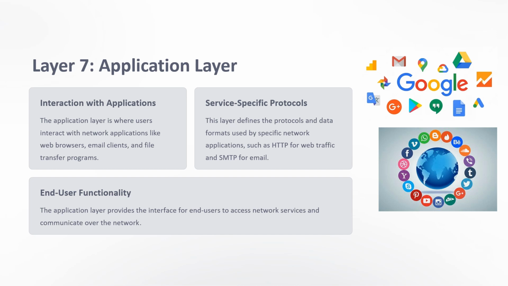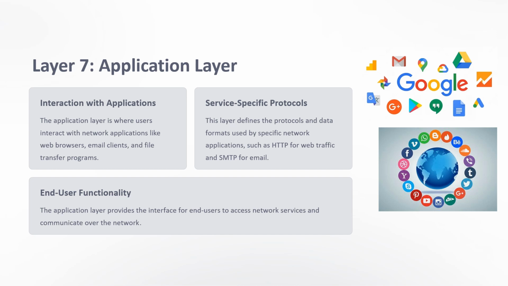The components used in this layer are the websites or applications we are using. The protocols which take part in this are web protocols like HTTP, FTP, SMTP. We have studied these protocols earlier in the last session.